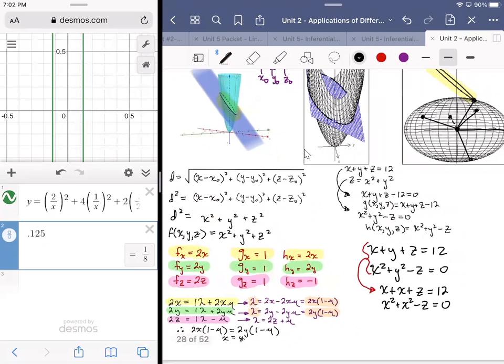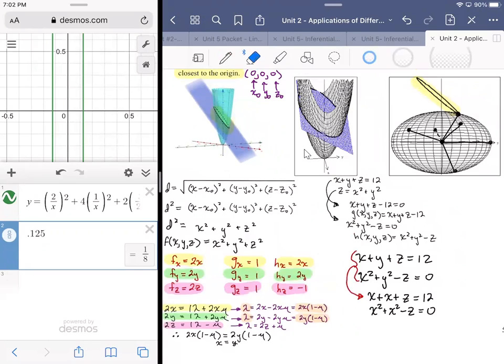That's just to show you the substitution, because I know you're all capable of adding two like terms. So we're looking at 2x plus z equals 12, and 2x squared minus z is equal to 0.